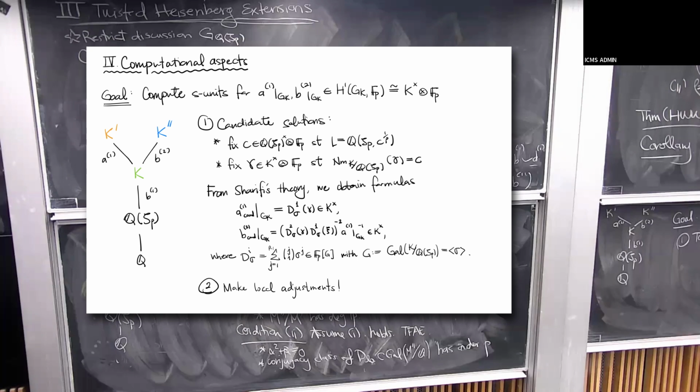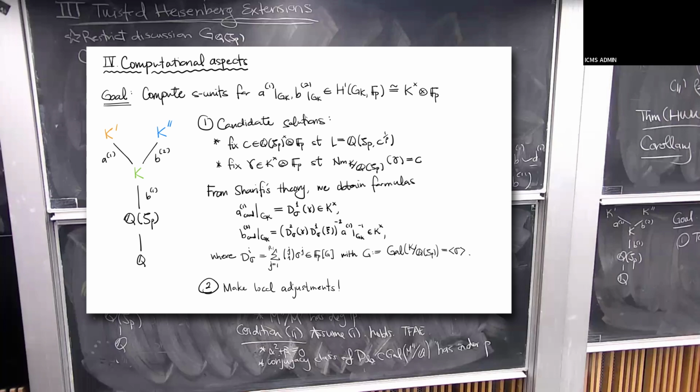So we're just fixing a Kummer generator for L, and then we need to fix some gamma that lives in K, such that the norm, when we take it from K down to Q(zeta_p), is equal to C.